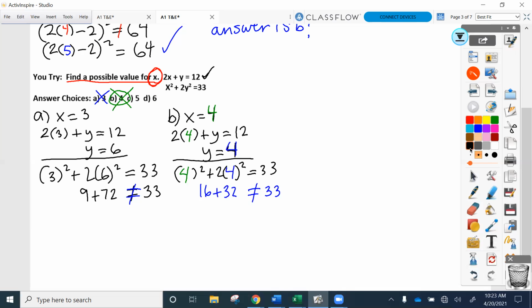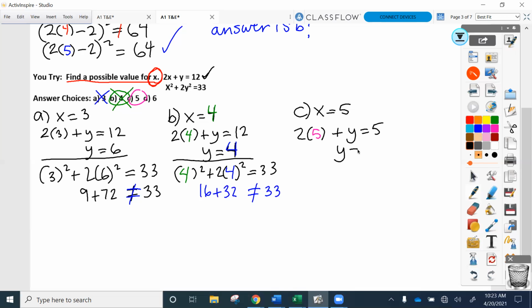So we can cross that option off. Let's try C. This is when x is equal to 5. All right, so now we're checking this option 5. So this would be 10 plus y equals 5.